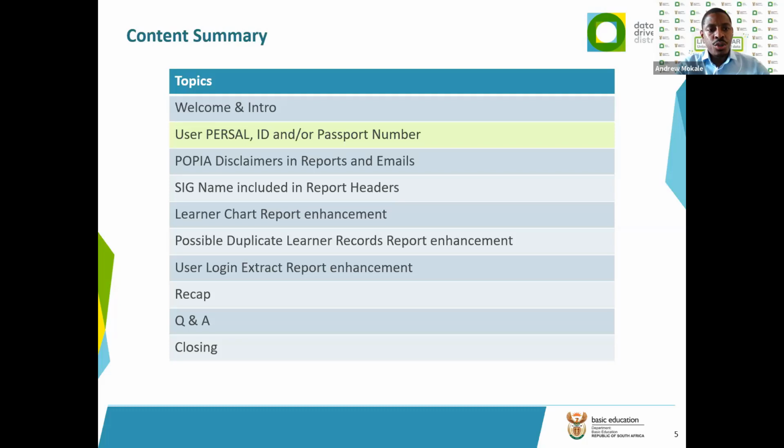Then we'll go into SIG Name included in report headers, followed by learner chart report enhancements and possible duplicate learner records report enhancements. And also lastly, the user login extract report enhancement. And then right at the end there, we will have a short recap and then open up for a question and answer session.